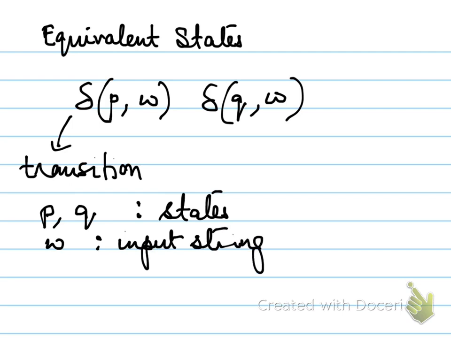We can say that the two states P and Q are distinct, that is non-equivalent, if P is a final state and Q is not a final state, or vice versa.